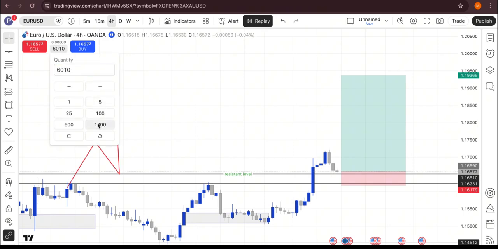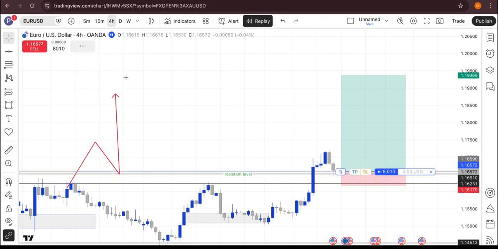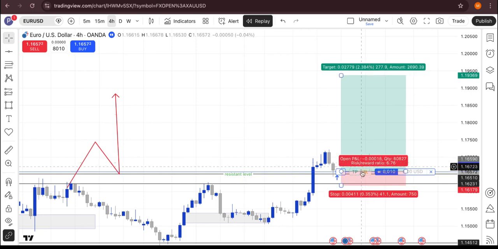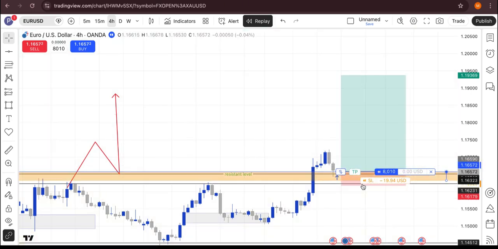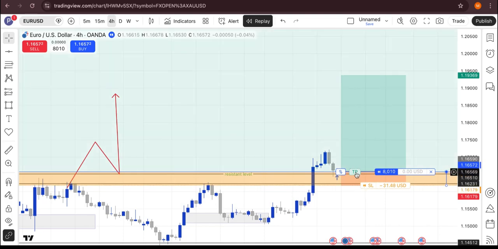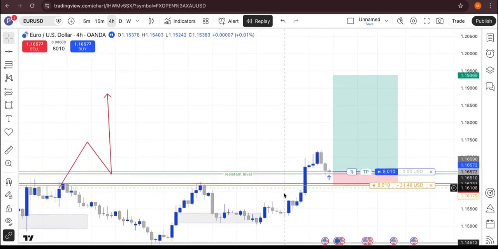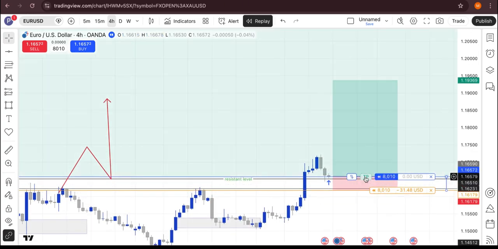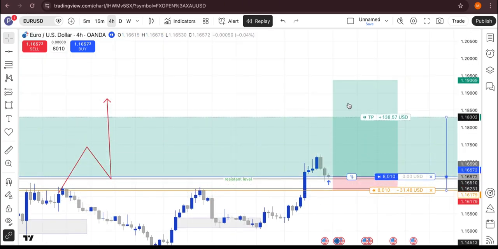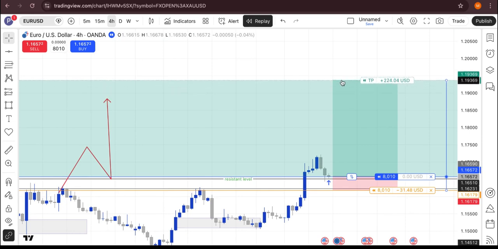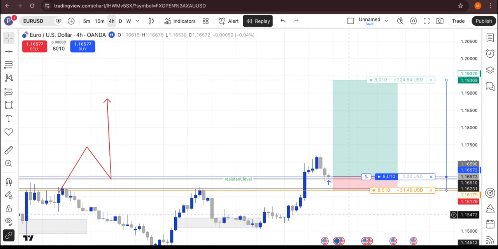Here is our stop loss, and then our TP above there. So yeah, risking $31 to make $214.